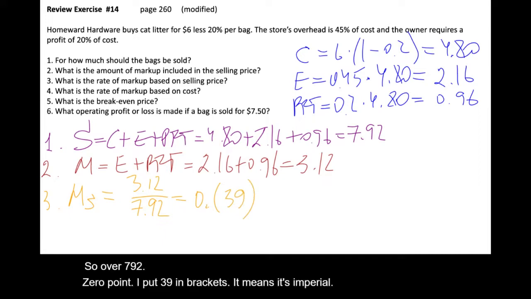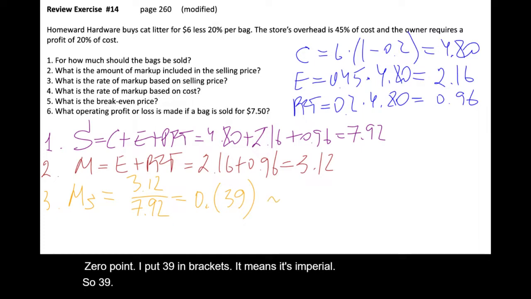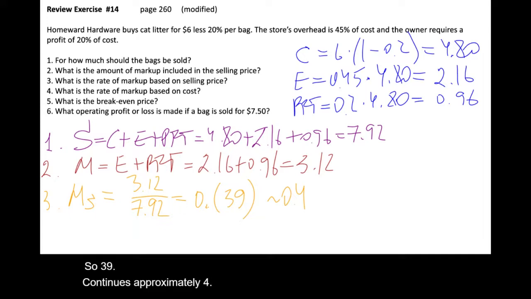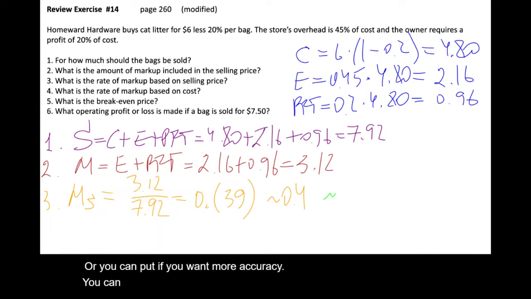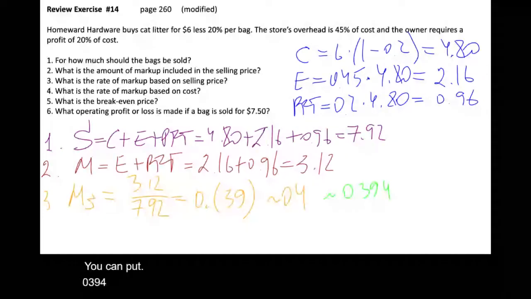So 0.39 continues, approximately 0.4. Okay, I think it's enough. Or, if you want more accuracy, you can put 0.394. It would be more accurate.